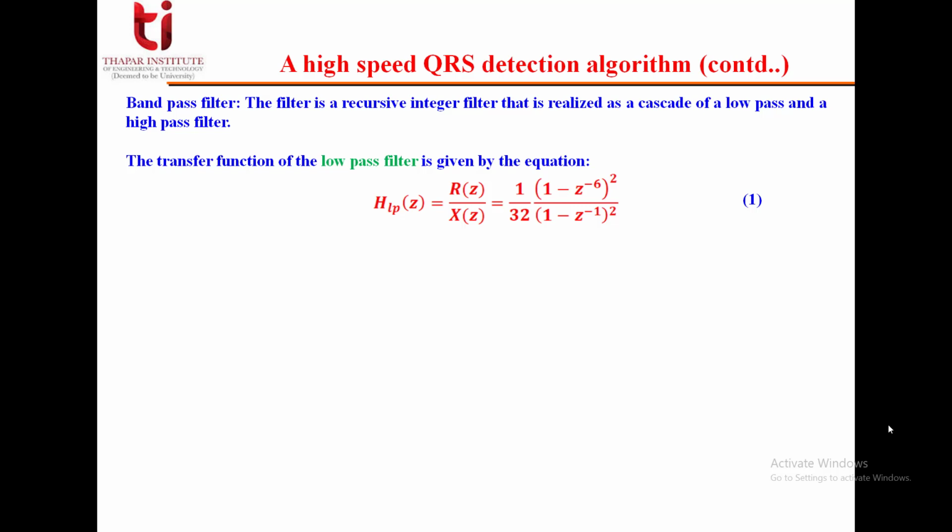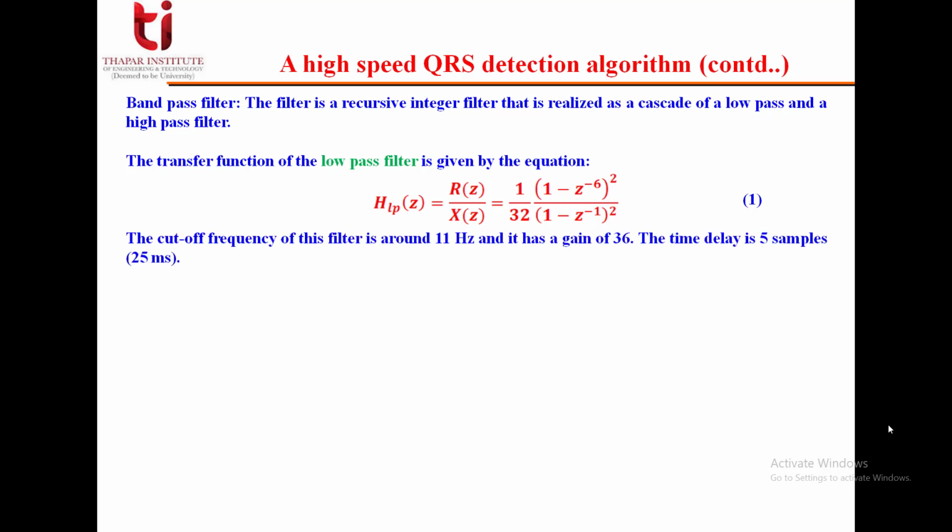It is in the Z domain because we are mainly focusing on digital filters. So that is R(z) by X(z). R(z) is the output response of the low pass filter, and X(z) is the ECG signal we want to filter, and that is 1 by 32 times (1 minus z raised to the power minus 6) whole squared, divided by (1 minus z inverse) whole squared.